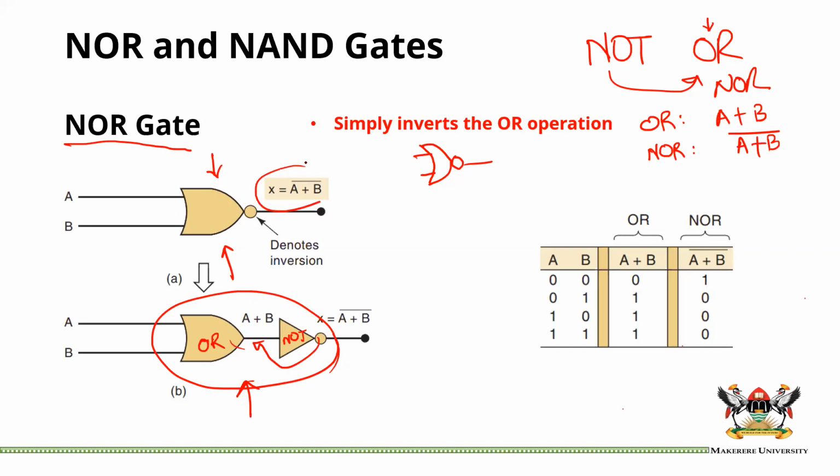This is the expression. If you look at your truth table, you have 0, 0, 0, 1, 1, 0, 1, 1. For the OR operation, it is 0, everything else 1. For the NOR operation, now it is the inverse.